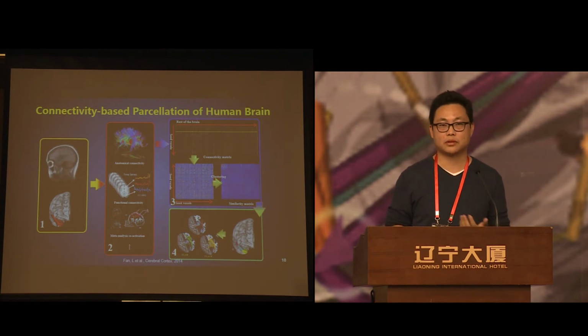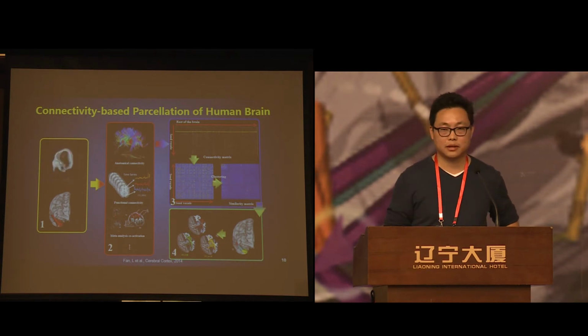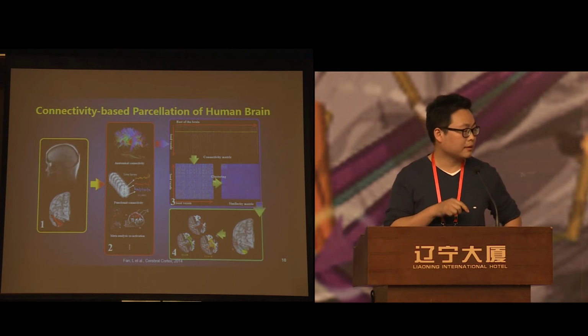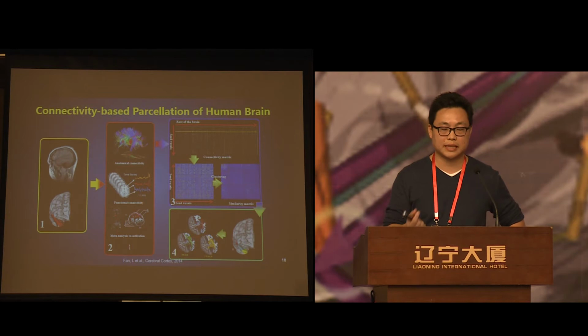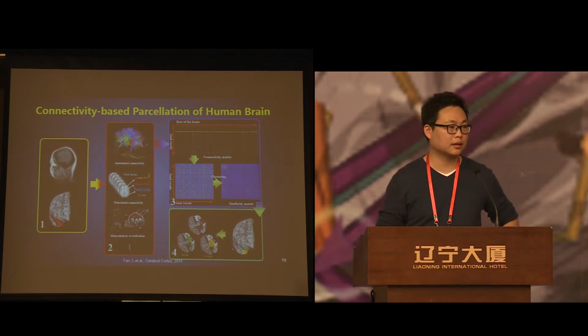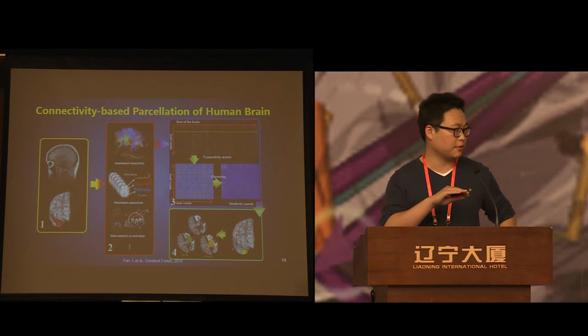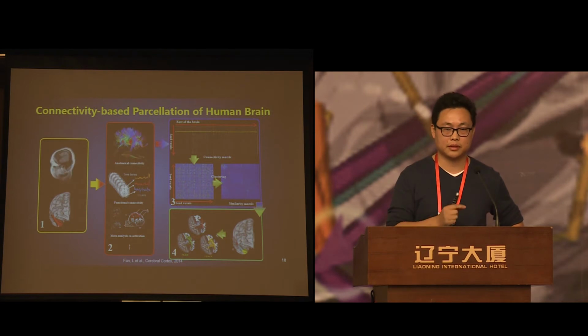Then you use different kinds of clustering algorithms to do the parcellation. One problem here is how to define the final number of clusters. Here we use the stability across the datasets to get the final solutions. So maybe it's not the most fine-grained parcellation, but it's stable across the datasets you used.